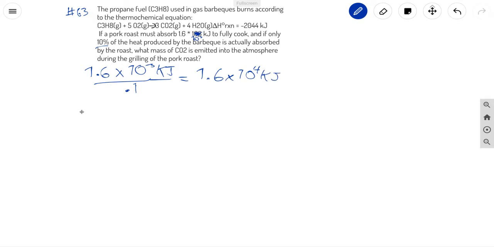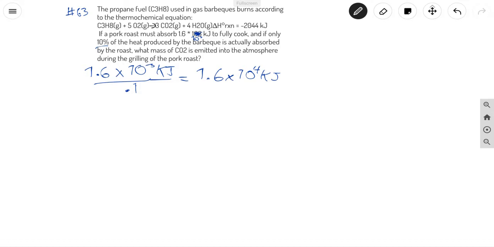So from here, with this number, I can use the thermochemical equation and use stoichiometry so I can get the mass of CO2.